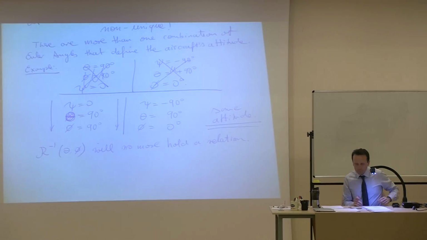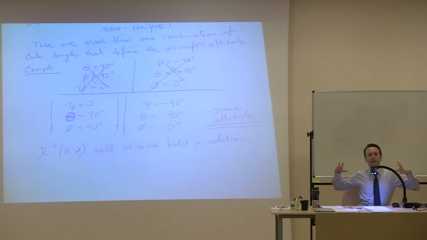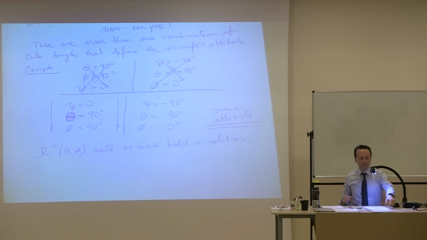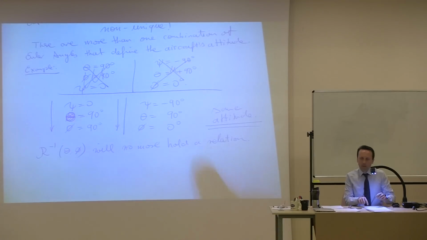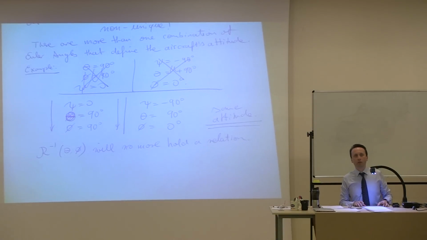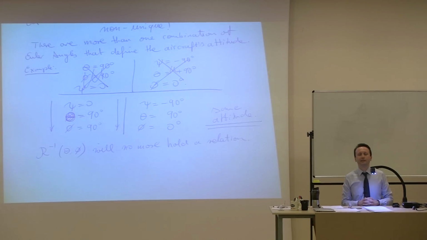Okay. Now, I must say that the fact that this doesn't work is really a consequence of the fact that the Euler angles are not unique. I sometimes ask the students, what is the problem with Euler angles? And they answer me, tangent theta is 90 degrees, tangent 90 is infinity.